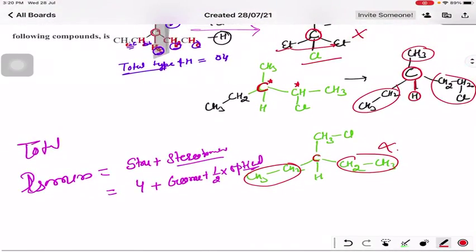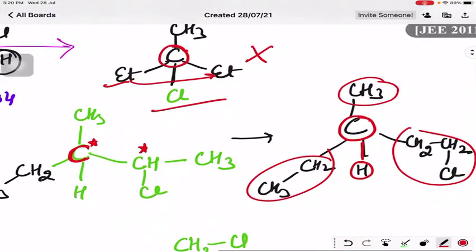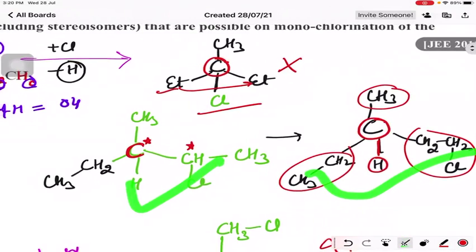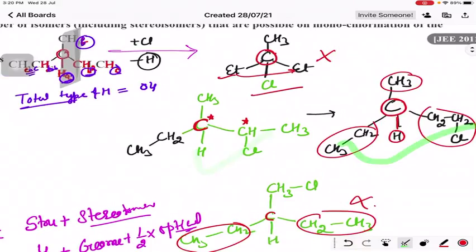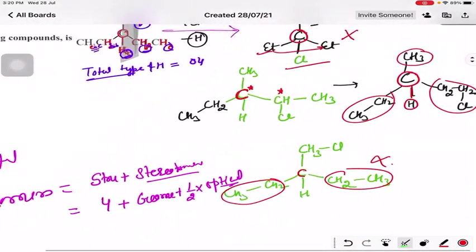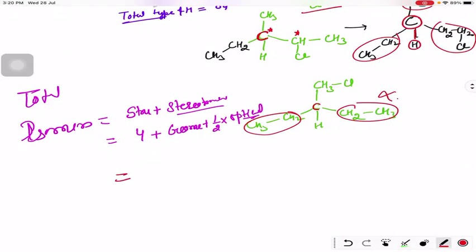So for stereoisomers, we have to count the chiral centers present in the products. So the number of chiral compounds here is 2. In 2 compounds we are getting chiral centers, so they will show their own optical isomers. So the total number of geometrical isomers will be 0 plus half of optical isomers.